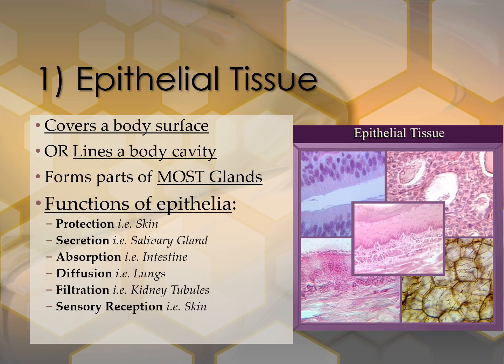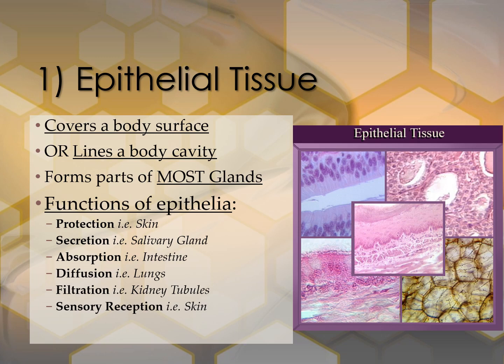So what are some functions of the epithelial tissue? We said it covers body surfaces, lines body cavities. So a big one you can think about is protection, right? Think of your skin. So your skin is part epithelial tissue. So very protective, right? It protects everything underneath. And then when you think about the glands, you think of secretion, such as your salivary glands.